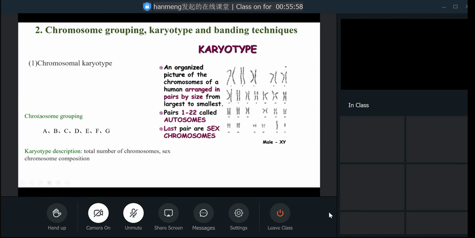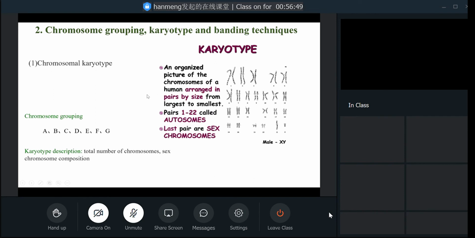In human beings, the chromosomes can be divided into 7 groups named A, B, C, D, E, F, G. And here in this picture, we can see A, B, C, D, E, F, G. The X chromosome is included in the C group, and the Y chromosome is included in the G group.